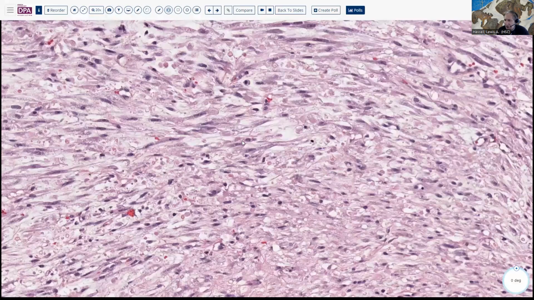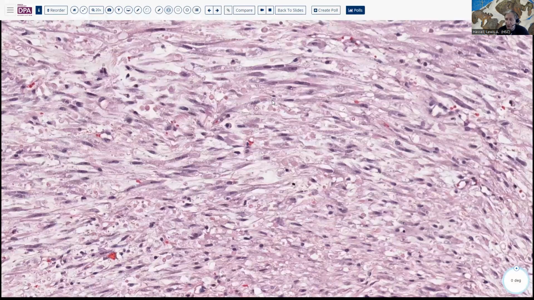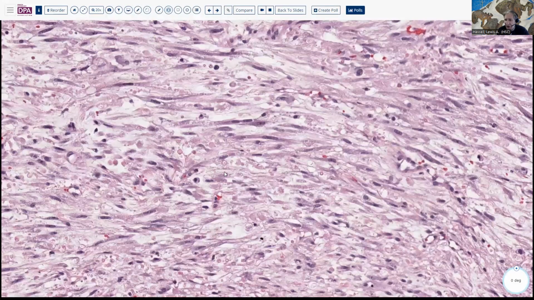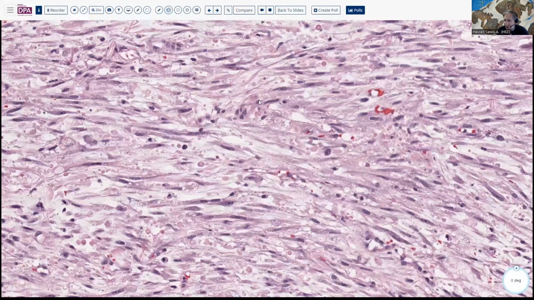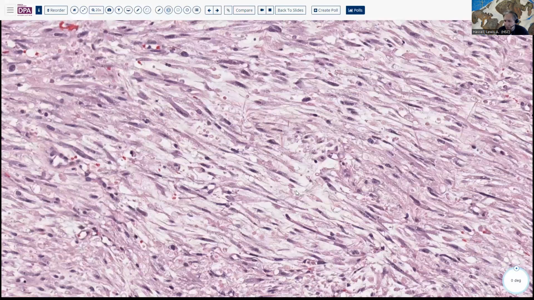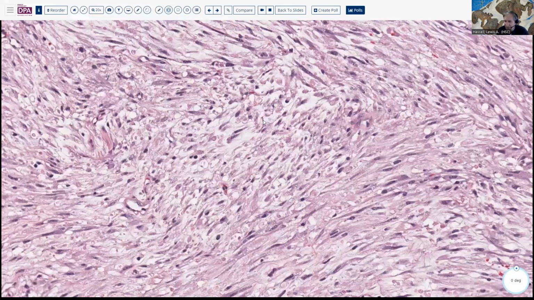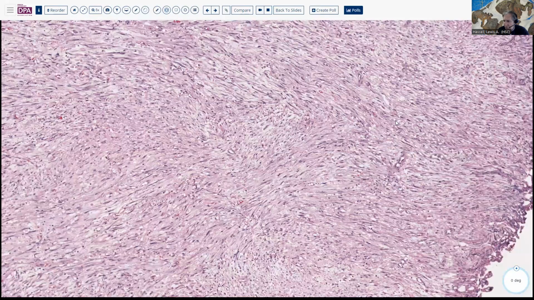And again, you see this very tissue culture-like appearance, very similar to nodular fasciitis, sort of blocky nuclei. And if you had this under your own microscope, you would no doubt be able to identify some mitotic activity in this fairly rapidly growing lesion.